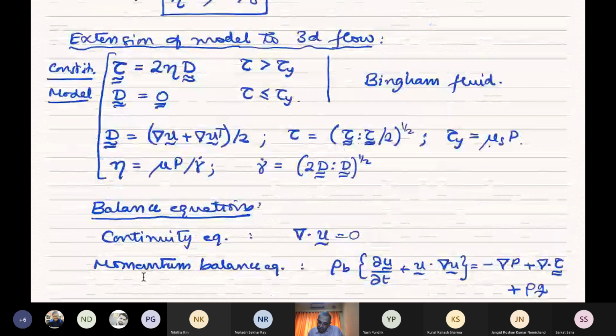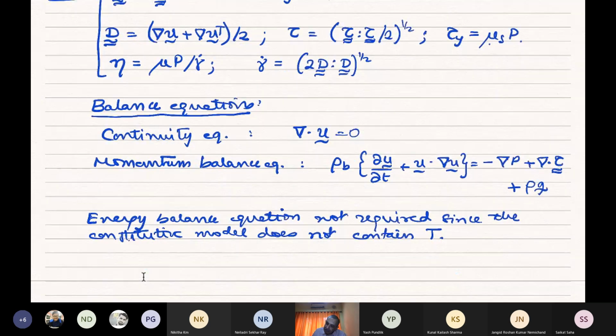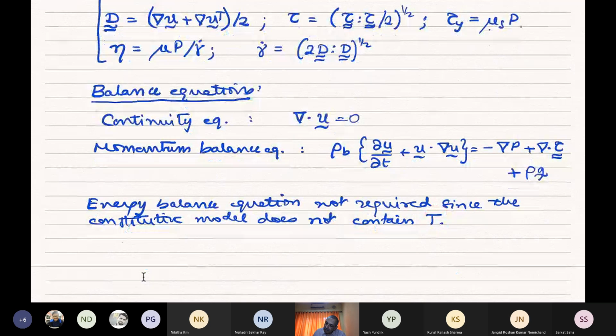So if you see this constitutive model, what is interesting is that in kinetic theory, the viscosity depends on the temperature. But what we have done is we have replaced temperature by pressure. So here the viscosity is related to the pressure rather than the temperature. And hence we eliminate the temperature, and so it becomes much simpler. You can just solve this equation.